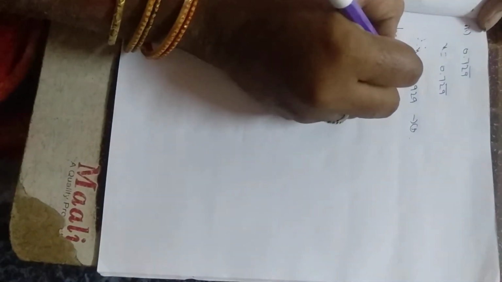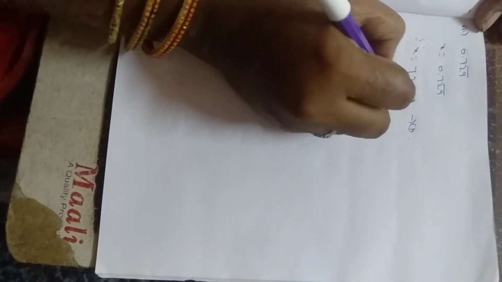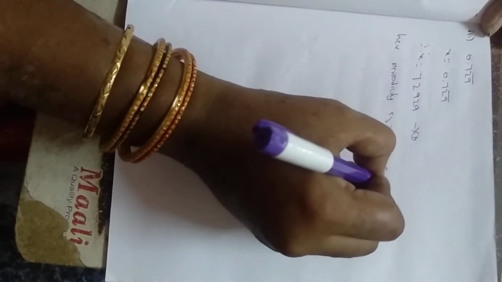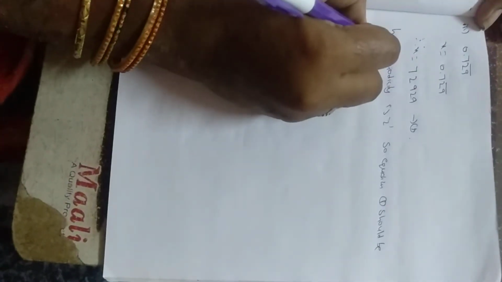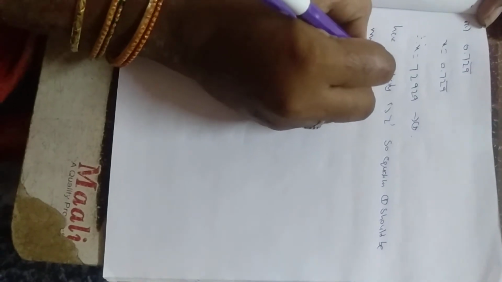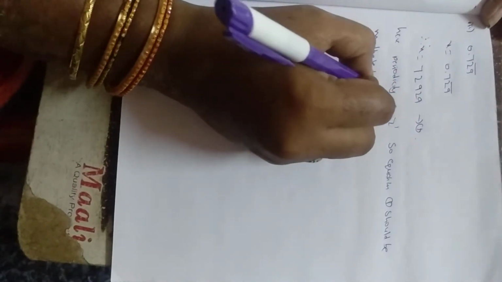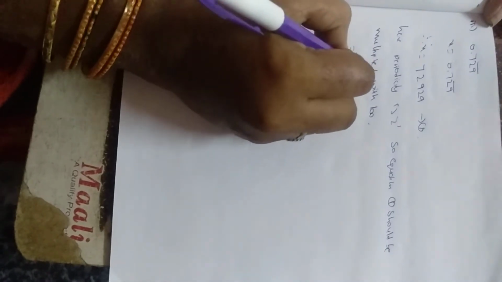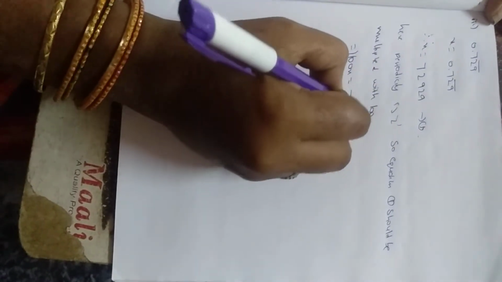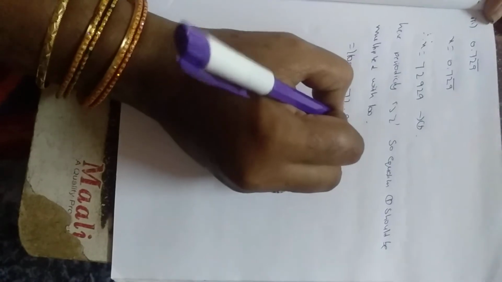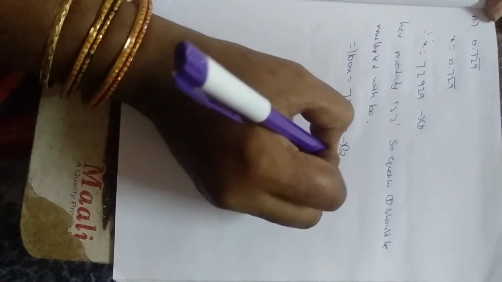Here, periodicity is 2. So equation 1 should be multiplied with 100. It implies 100x equal to 72.929. This is equation 2.